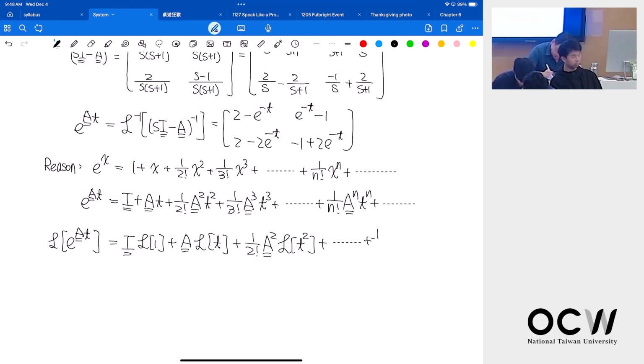Here it should be 1 over n factorial A to the n times the Laplace transform of t to the n. The Laplace transform of 1 is 1 over s. The Laplace transform of t is 1 over s squared. And so on.